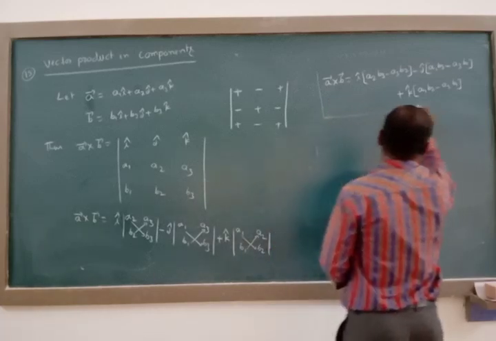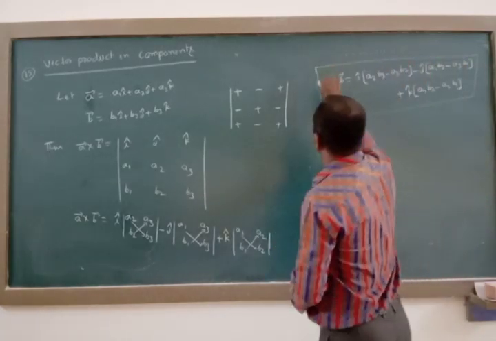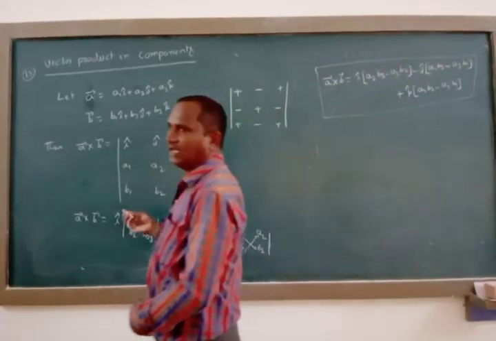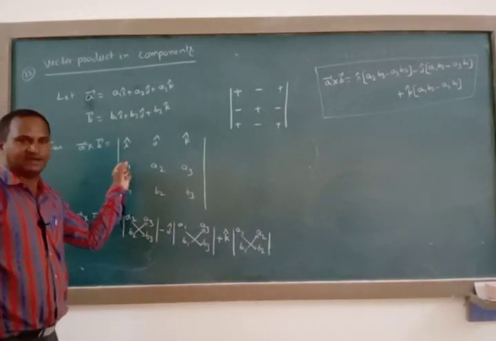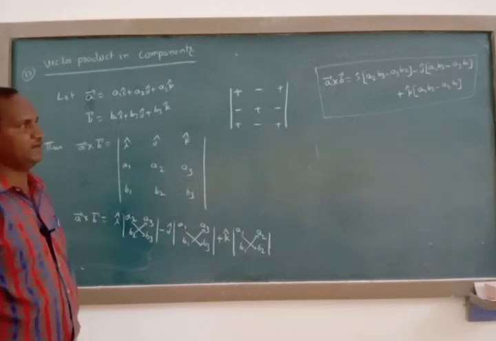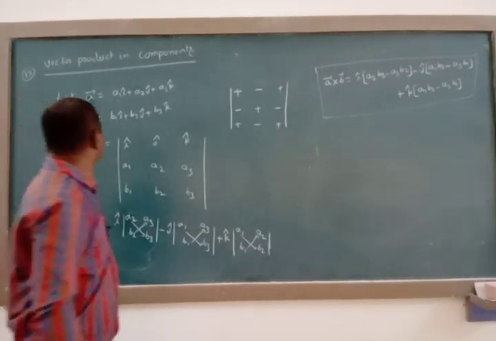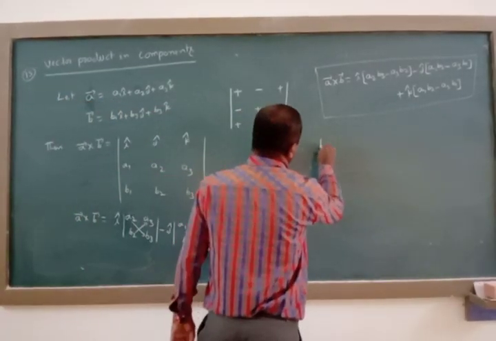Like that we find the vector a bar cross b bar by applying the rules of determinants of square matrices of order 3 cross 3. Next, already I told this formula in the definition.